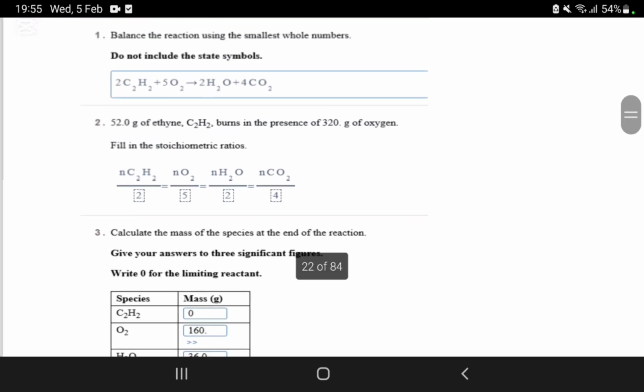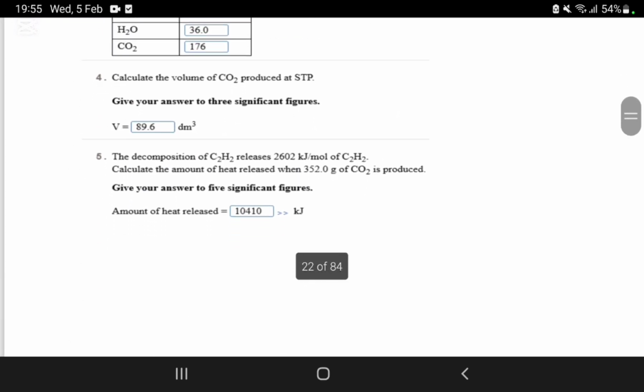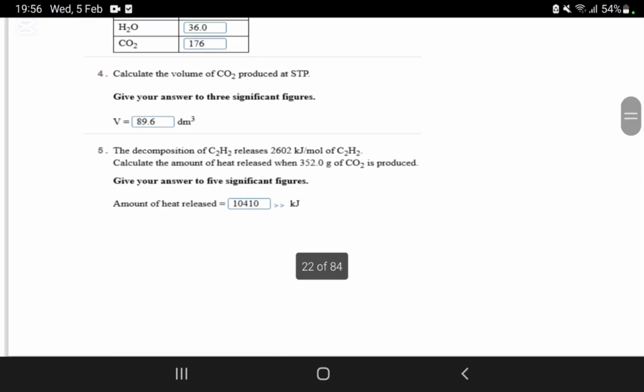Okay, so that means the moles of C2H2 doubled. So we have 4 moles of C2H2. So we're gonna do 4 times 2602, which will give us 10,400 and 10,410.